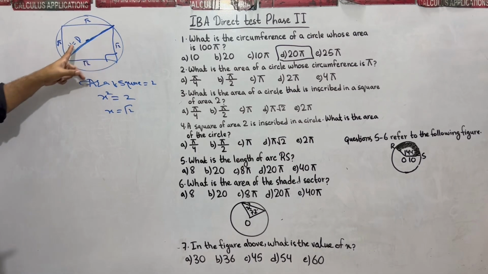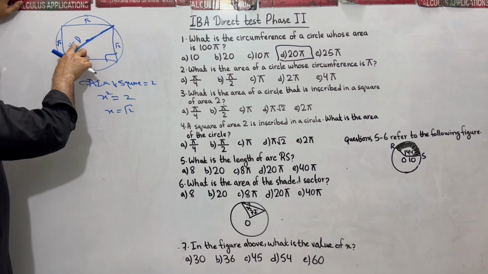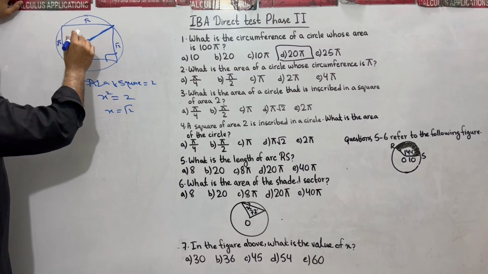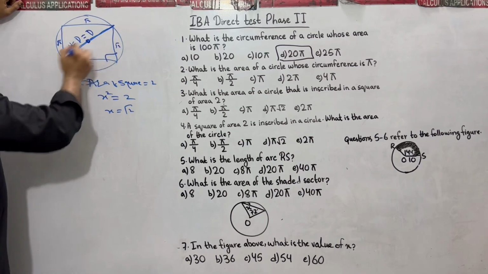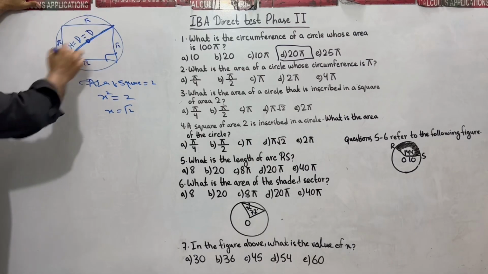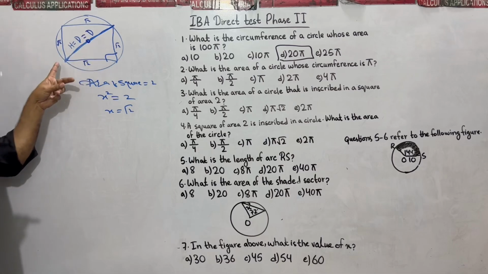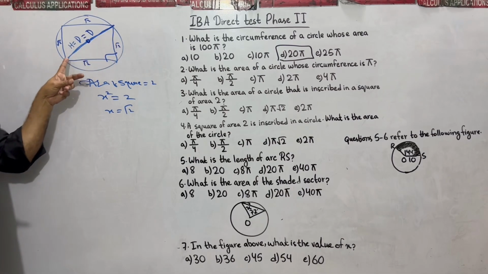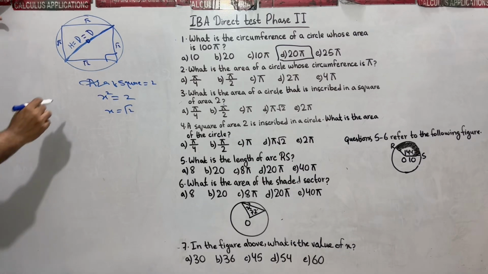We are interested in that. It's the hypotenuse according to the triangle, the diagonal according to the square, and the diameter according to the circle. Just find this diagonal. It is our diameter. Then we are in a position to find the radius and so on.